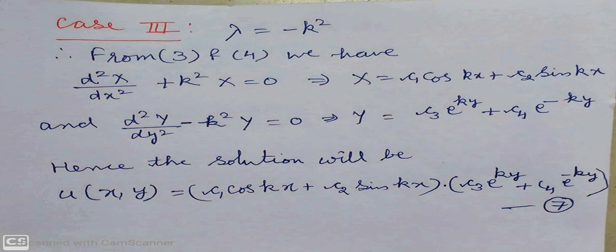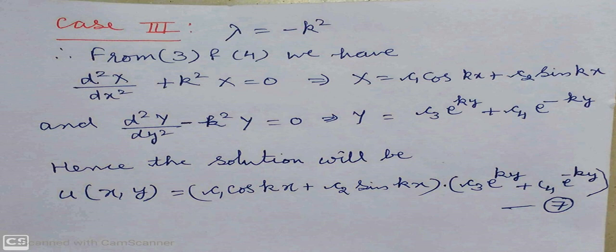The third case is λ = −k², that is negative. So from 3 and 4 we will have d²X/dx² + k²X = 0, whose solution is X = c1 cos kx + c2 sin kx, and another equation will be d²Y/dy² − k²Y = 0, which gives Y = c3 e^(ky) + c4 e^(−ky).